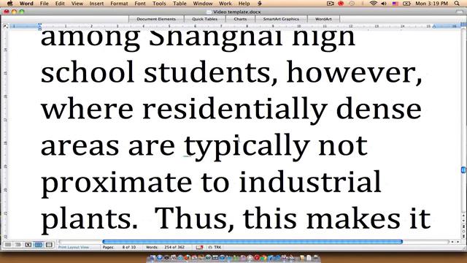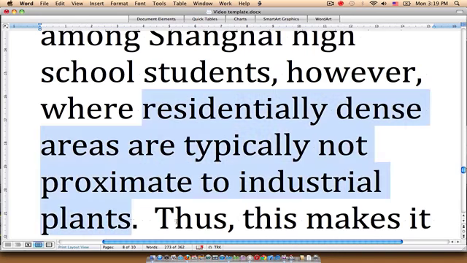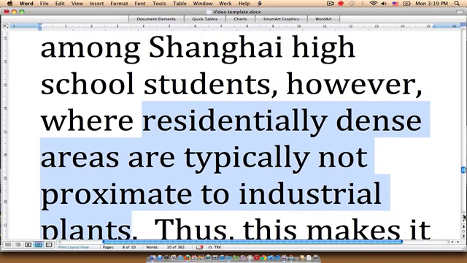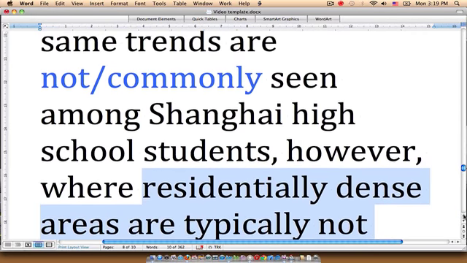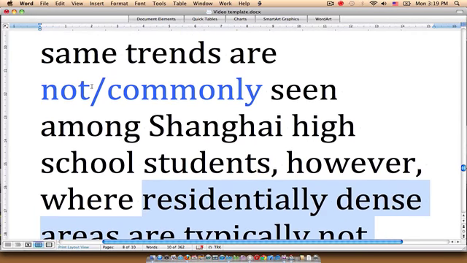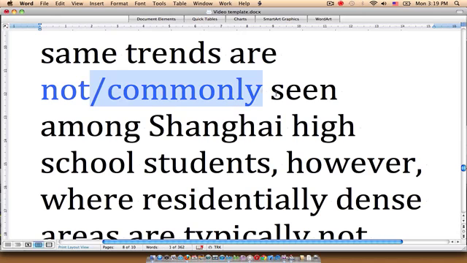Now, the key to getting this question correct is to look in here, where we're sharing a bit more information. Residentially dense areas are typically not proximate to industrial plants. This is the opposite of our Anhui example. So because this is the opposite, we would of course say not seen among Shanghai high school students to make our argument stronger.